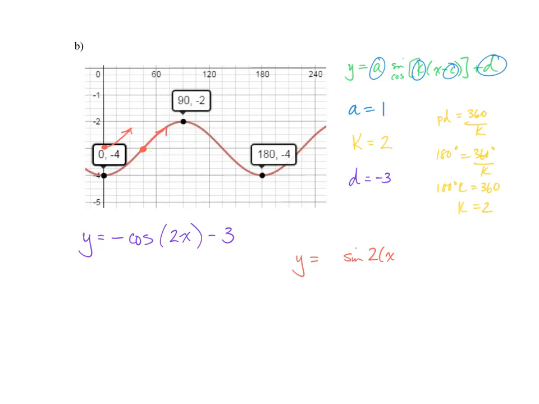To come up with the coordinates of that point, I notice that I'm halfway between that bottom and that top. That means I need to be halfway between 0 and 90. That gives me a little confirmation that my x value must be 45. It doesn't even matter if you come up with the y coordinate.